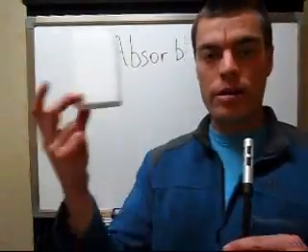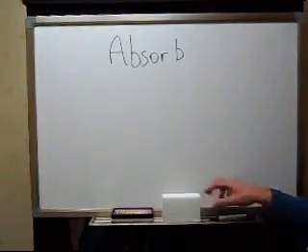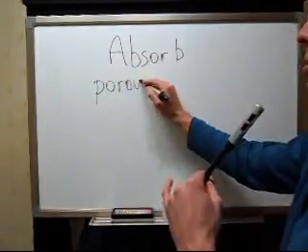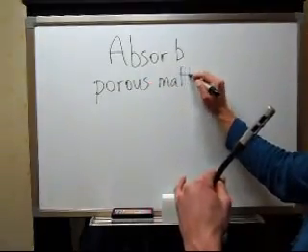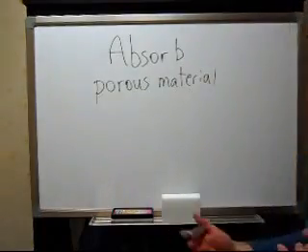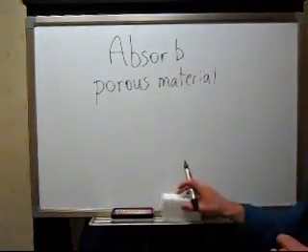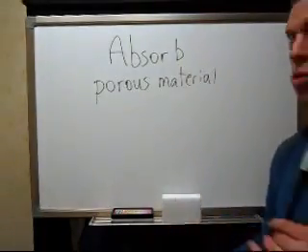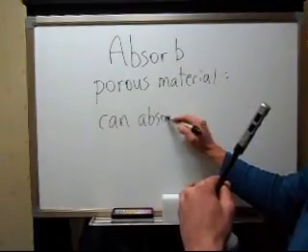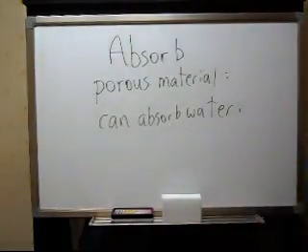If you take a sponge or any porous material, porous material is something that has small holes inside that allows it to absorb water. It can absorb water.